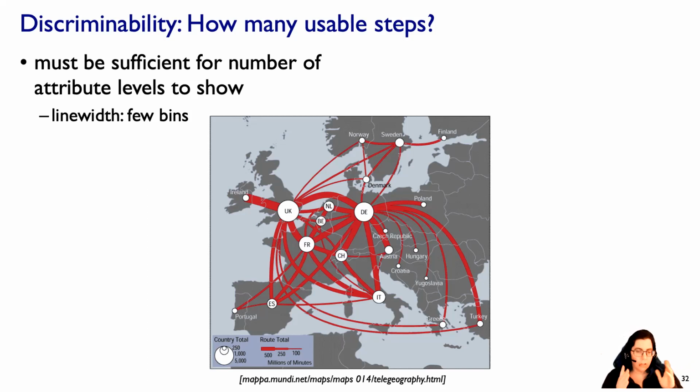So there's a limit as to how many bins there can be for line width to encode something. That doesn't mean it's ineffective, but it means if you were going to try to show 200 different steps, well, then line width is probably not a good choice of channel. So we have to worry about do these match? And we'll be talking more about these, particularly about color, in later weeks.